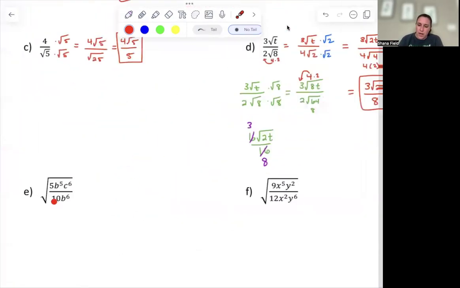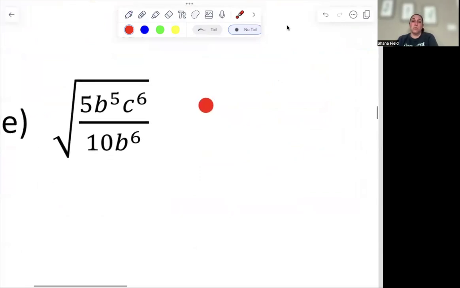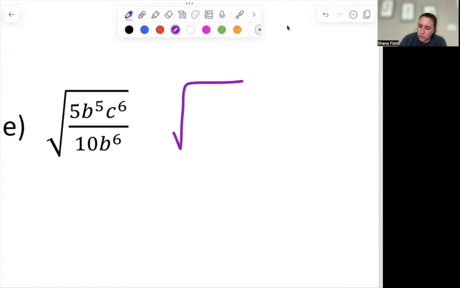Okay. All right, now let's start taking a look at variables. I like to clean stuff up right away because I think it makes the numbers easier to work with, but that's up to you. So I'm going to go ahead and call this the square root. I'm going to go 1 and 2 there. So I've got 1/2. My b's, I'm going to clean those up and get just the b on the bottom, because when we divide we subtract our exponents.